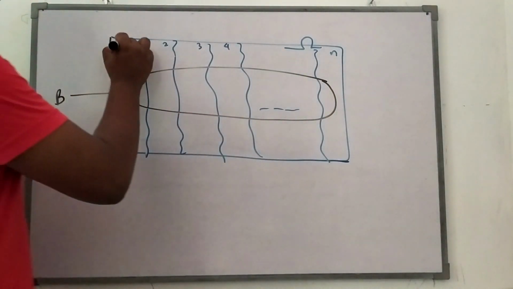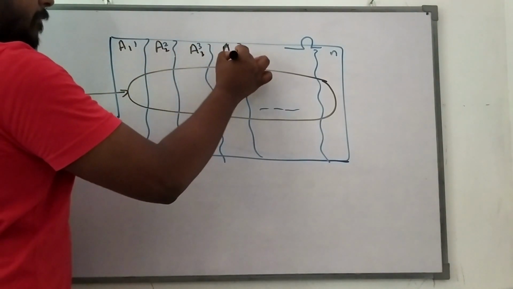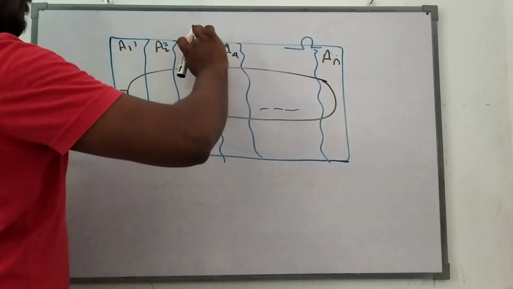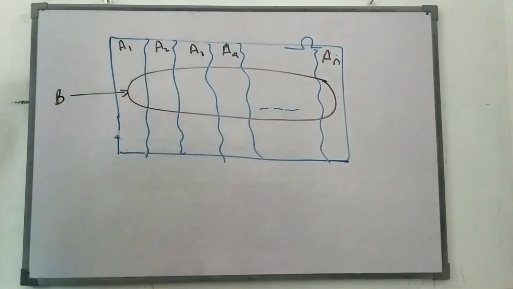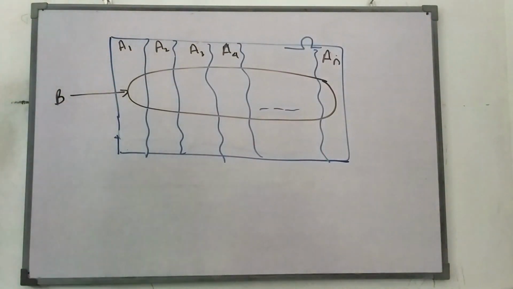So this is A1, A2, A3, A4, AN. And this is the B event. Omega is the total sample space, right?